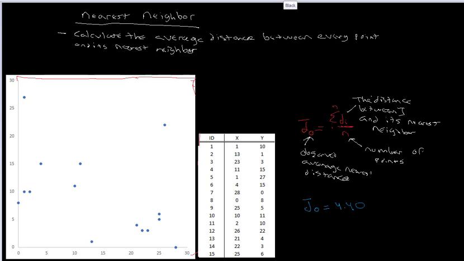Well, we need to compare that to something, right? Because that's the whole point in doing these tests, is to compare what we have to something that we would expect. Well, in this case, what we're going to compare that to is the expected average distance given a random distribution.